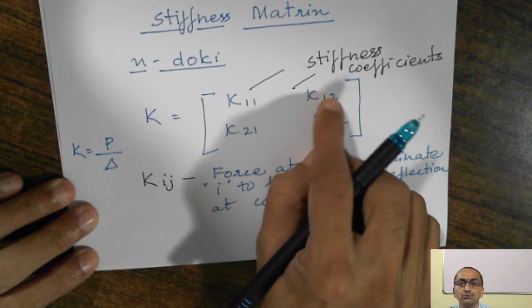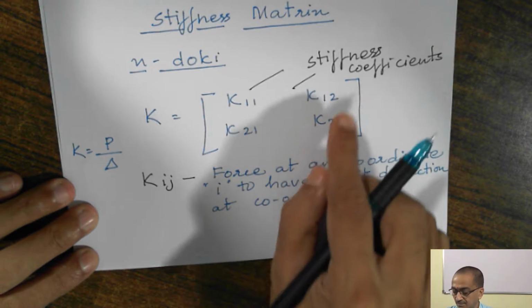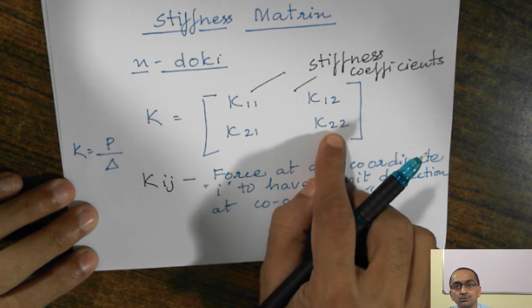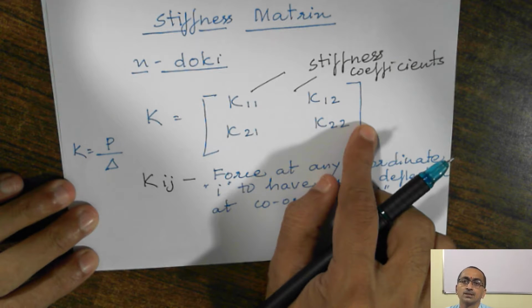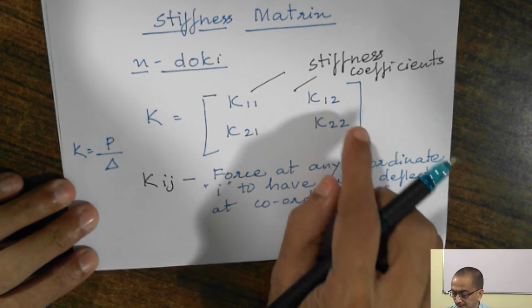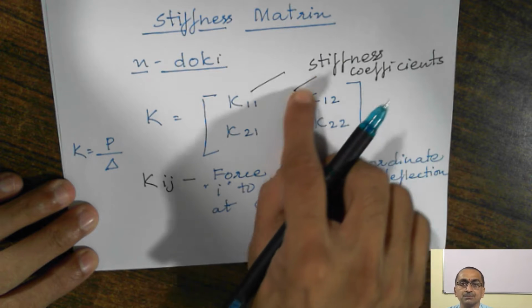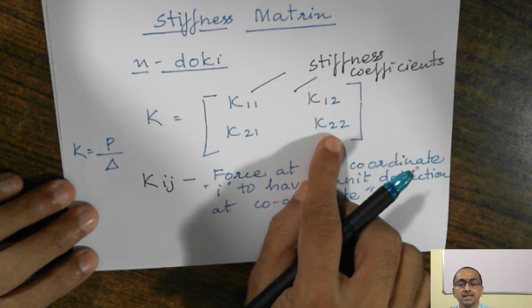The common phrase between these two is to have unit deflection at coordinate 2. This means if I want to generate the second column of stiffness matrix, I must apply the unit deflection at coordinate 2.